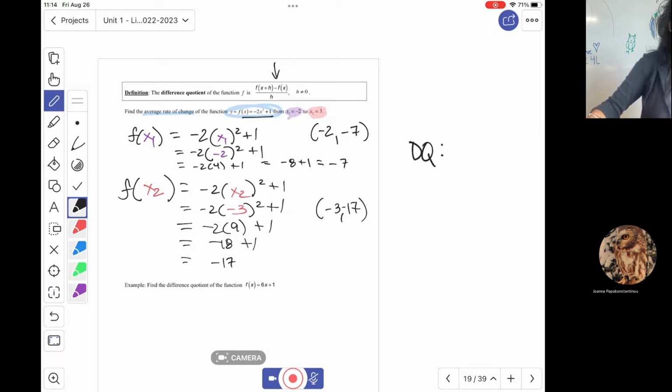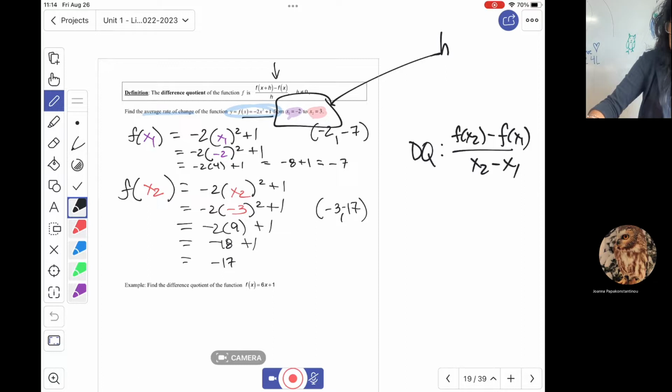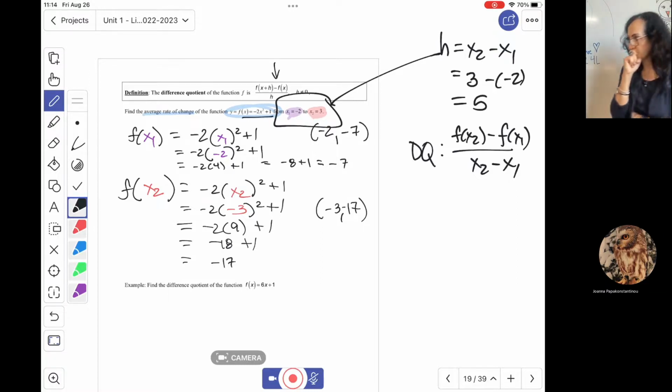The difference quotient is just the change in f over the change in x, and from here, I know what my h is. So you could easily find the denominator of your difference quotient just by subtracting x2 minus x1.